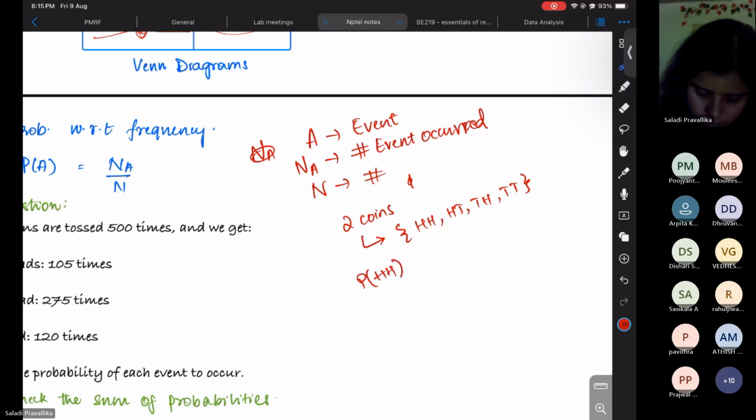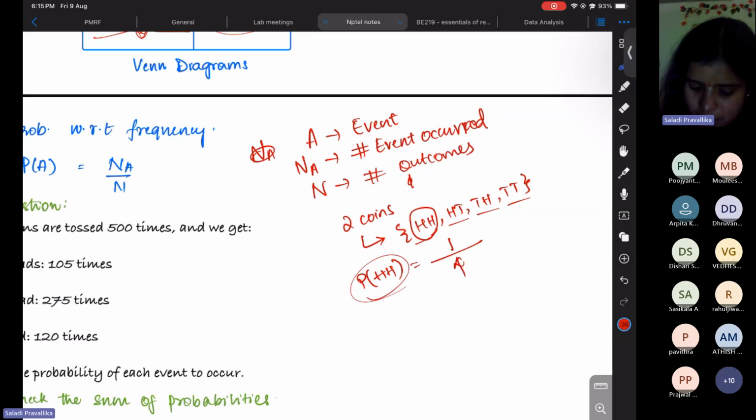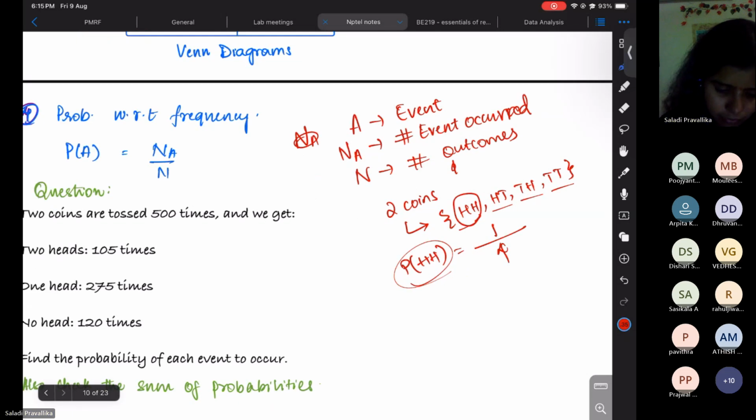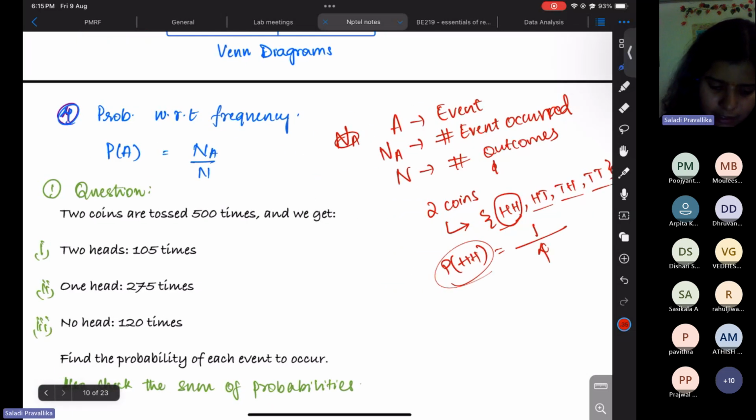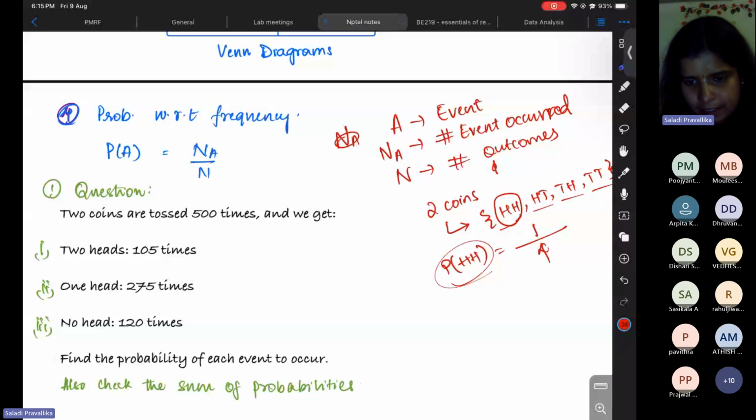Then I might say only one time that is occurring. So 1 by, we are getting a total of 4 outcomes, right? So the probability of P of H is 1 by 4. Like that, if this number keeps increasing with respect to the frequency, then we can calculate the probability directly.